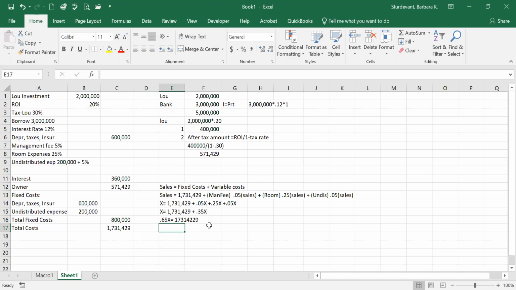Now you have to put the numbers together. So you have to divide both sides by 0.65. So if you divide by 0.65, you're going to end up with x equal to, oh, okay, I got to go back and change. I missed something. All right, let me go back.